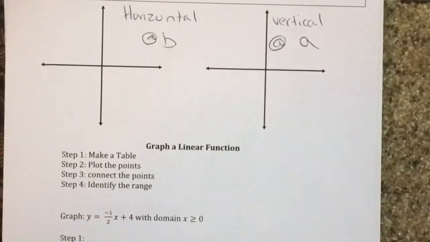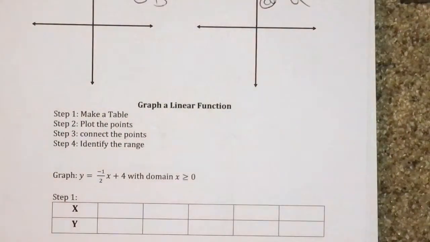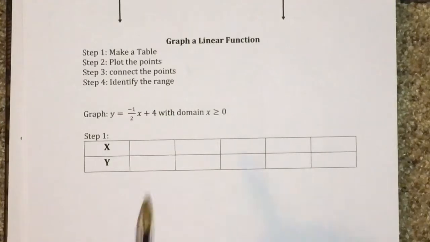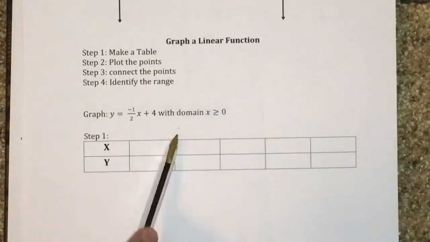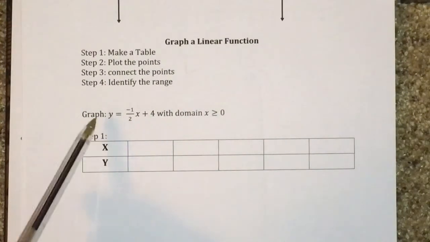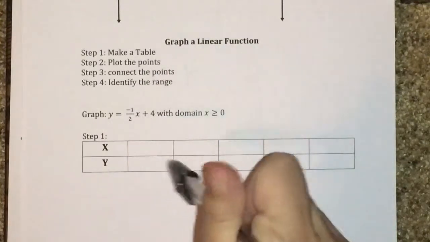Sometimes we will get functions that we will ask you to graph that will actually have a given domain. So in this case, we have the equation y equals negative 1/2 x plus 4. Well, step 1 is to solve for y, but it's already solved for y, so I can move on to the next step. Step 2 is to create a table.